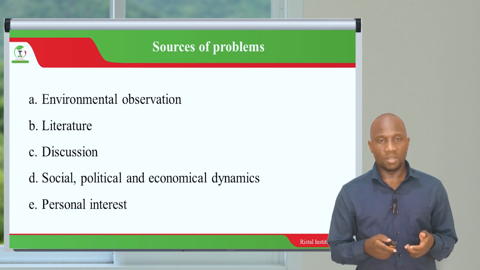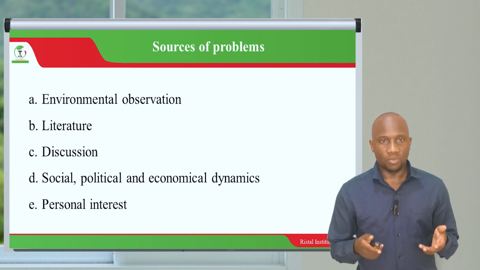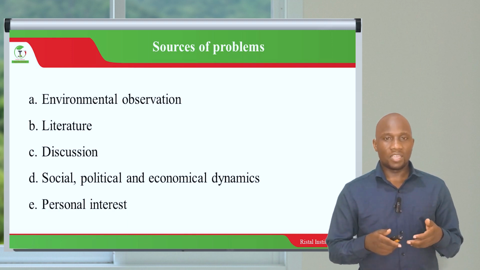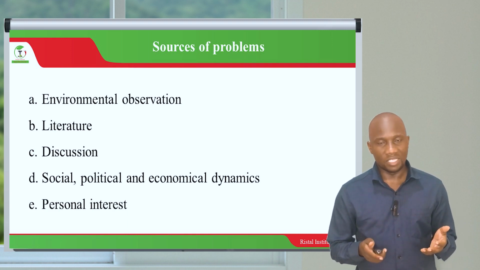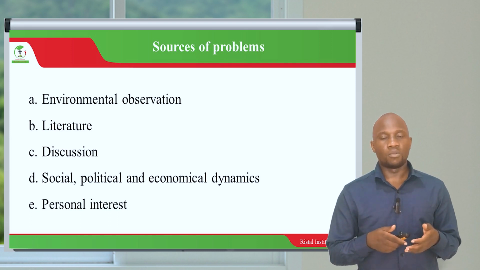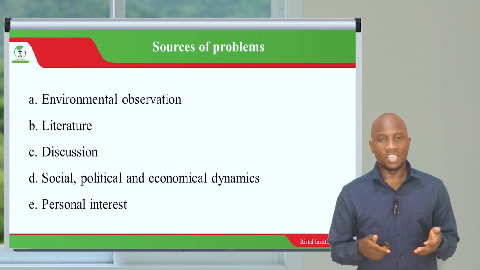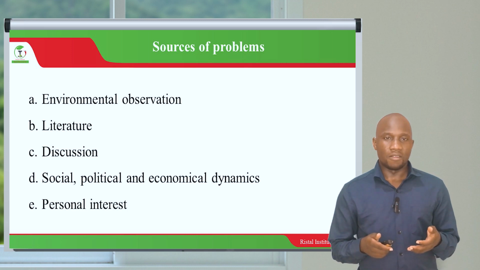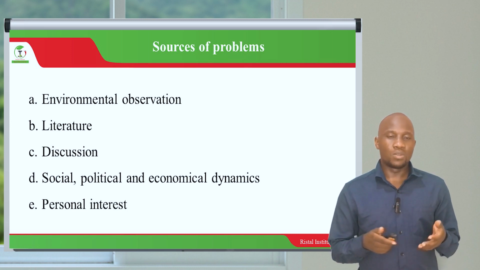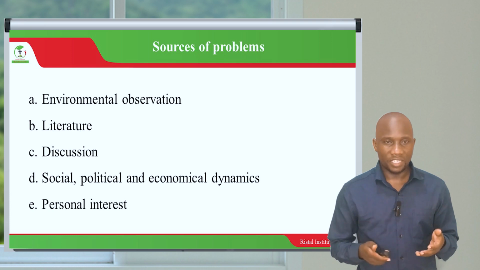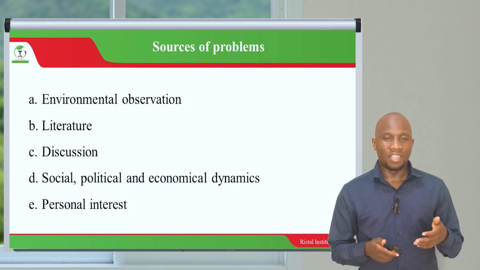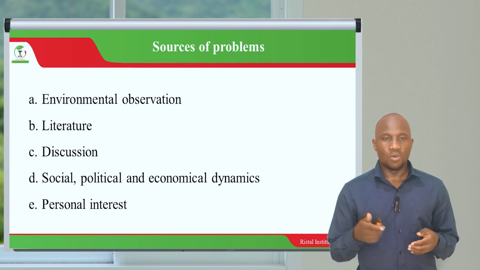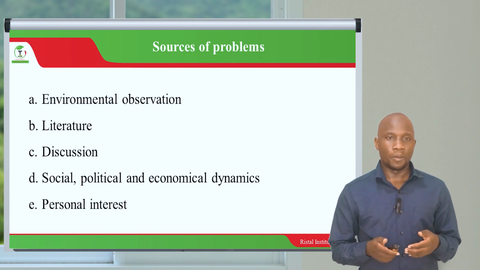So where do you get these research problems? These research problems can come from any angle. It can be from your observation of your work environment, of what you see in your neighborhoods, or it could come from literature, the textbooks that you read, the newspapers that you read, on social media, on television.